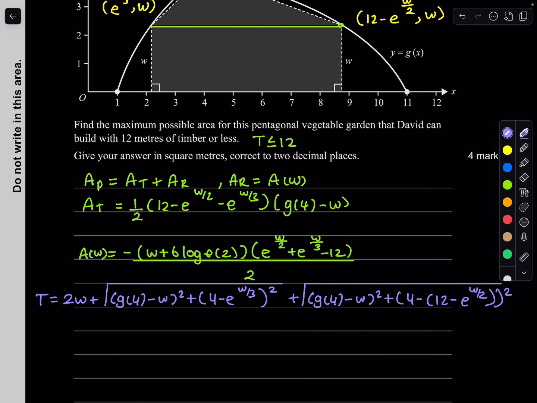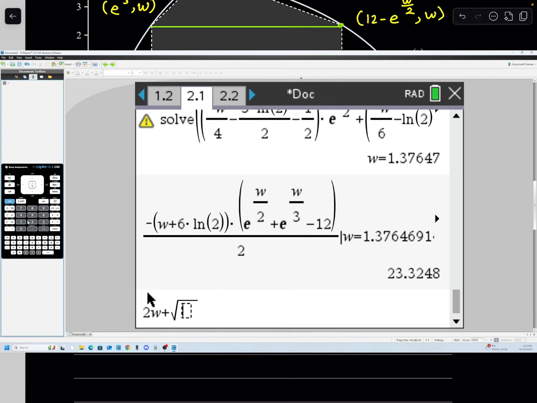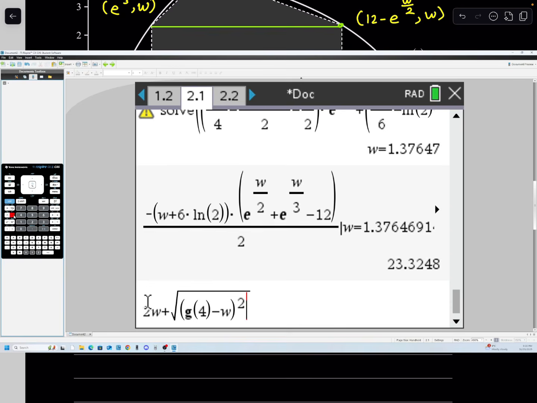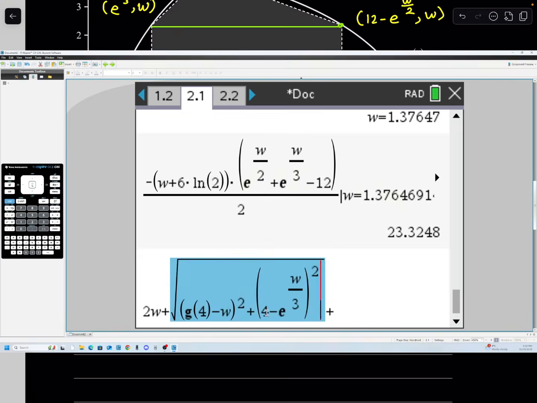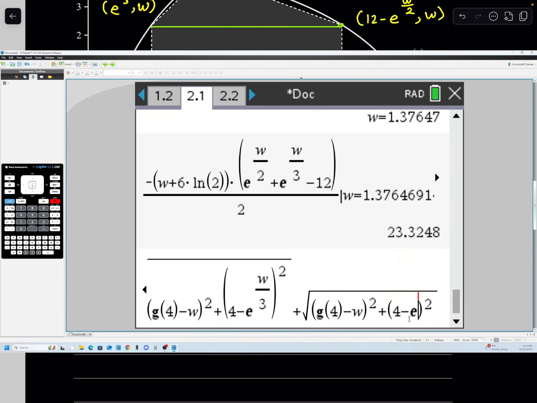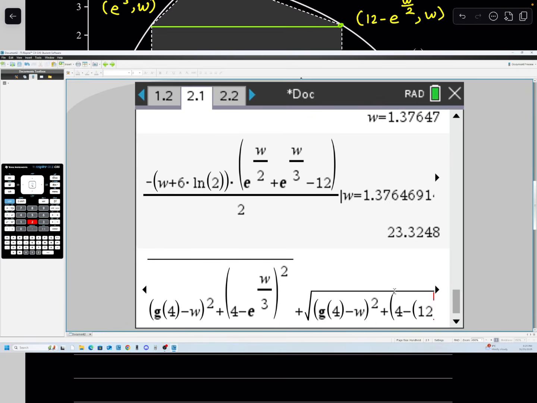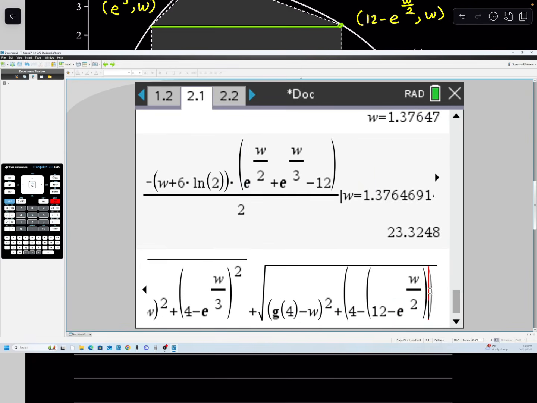So timber is basically 2W, we said, plus the square root of g of 4 minus W squared plus 4 minus E W over 3, squared, plus, I'm going to recopy this, it's all the same, but it'll be 12 minus E W over 2, with the squared going outside, of course.